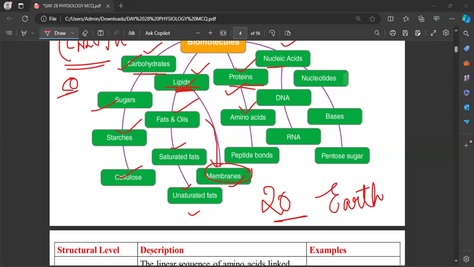Is it 64? See, we have 300 amino acids, but the most commonly existing amino acids are the 20. Don't forget this.